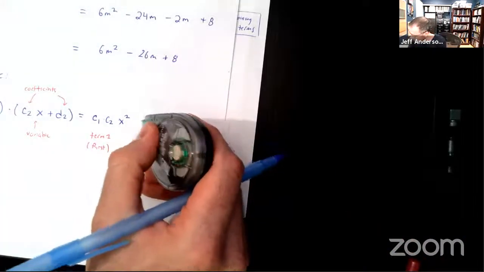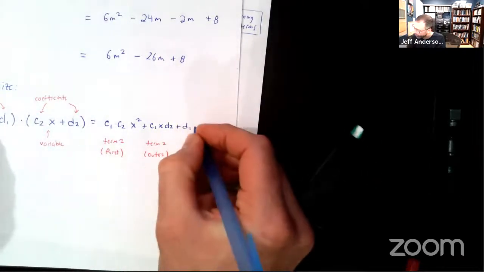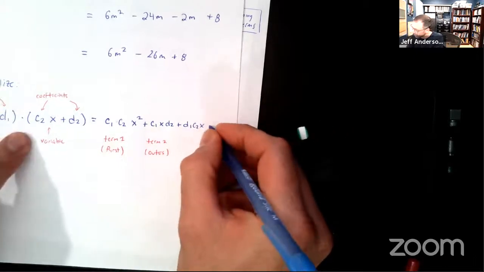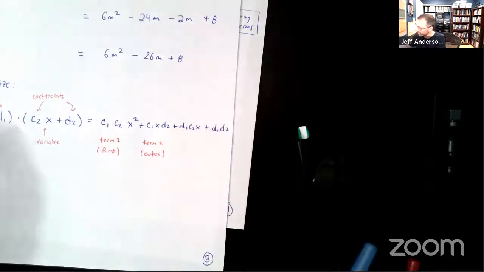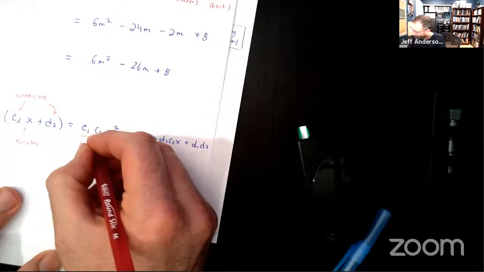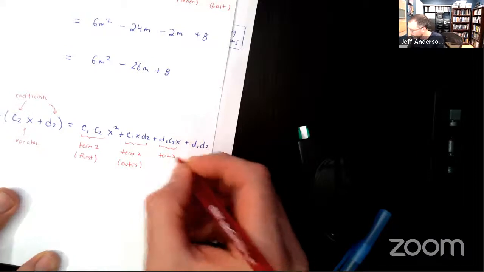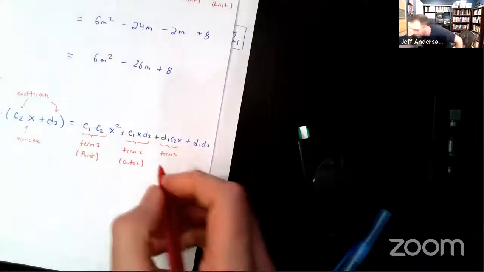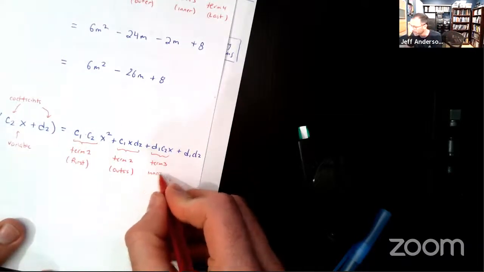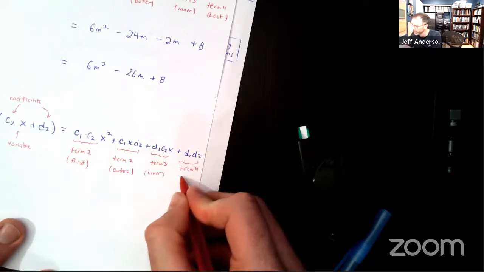And then here I've got C1x D2, and then I've got D1 C2x. So this is called inner. And then over here, D1 times D2. This one right here is term 4, and that's called last.